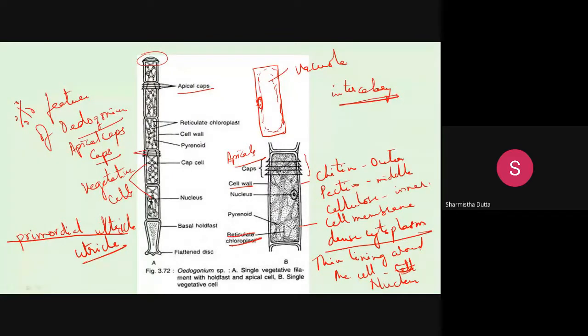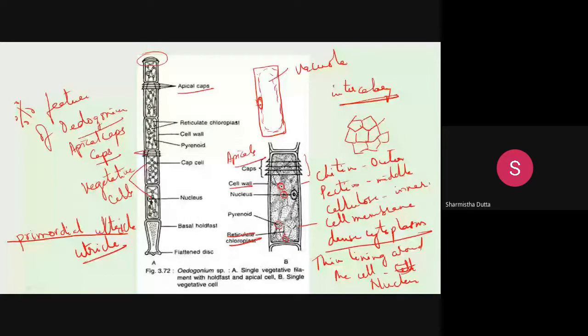reticulate chloroplast. The chloroplast is in the form of a network you can make out. And at the intersections of these chloroplasts, you find numerous pyrenoids, proteinaceous bodies. So chloroplast is reticulate type. Reticulate means it forms like a network. Like this you find bands throughout the cell in the cytoplasm.